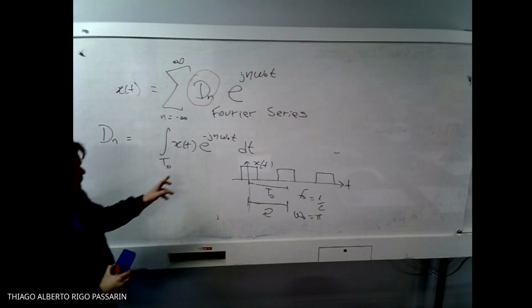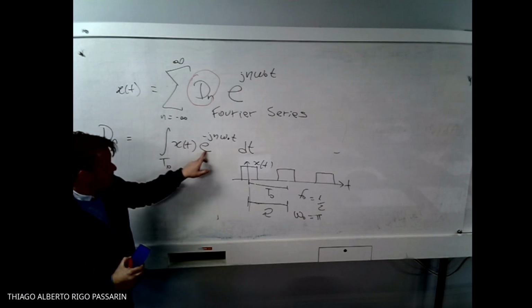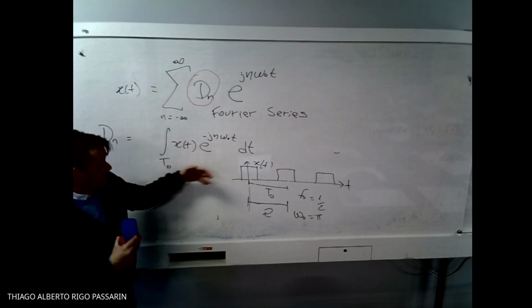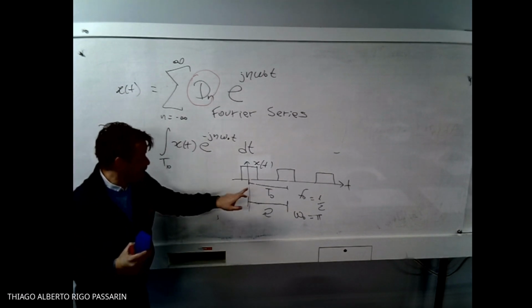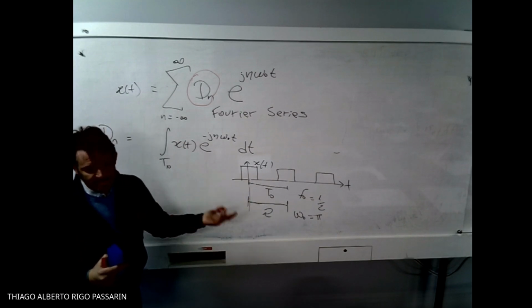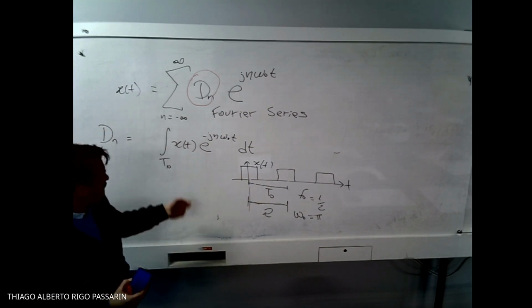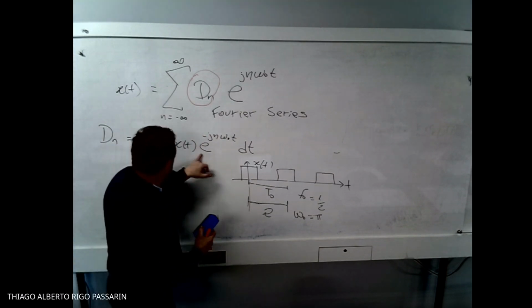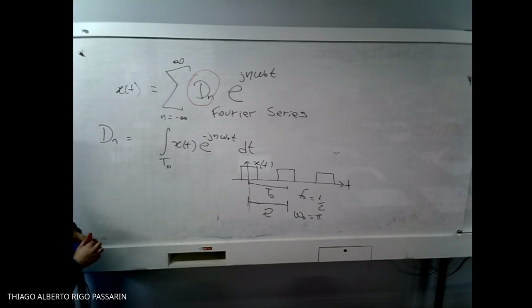And then this is not always an orthonormal basis. It can be just orthogonal, right? It depends on the size of the period. If the period is 1, then it's orthonormal. If the period is anything else, we have to divide by the norm of this guy. What's the norm of this guy? Let's write the norm here.